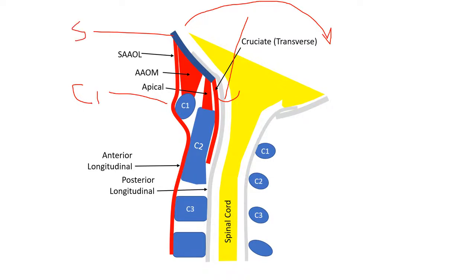That's going to be ligaments like the SAAOL, the AAOM, even less so the apical ligament or parts of the cruciate ligament. So all of these anterior ligaments between the atlas, C1, and the skull.